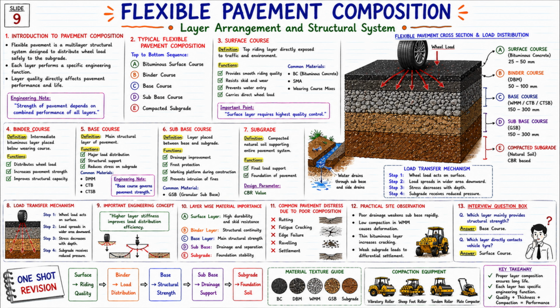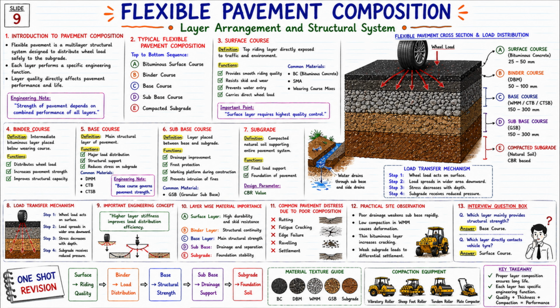If the quality of any one layer is bad, the entire pavement performance may be affected. See the engineering note below. Strength of pavement depends on combined performance of all layers. And this is the actual pavement engineering concept.